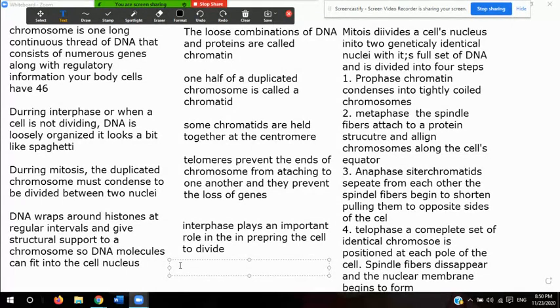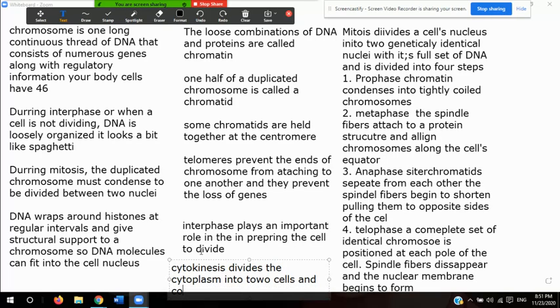So, cytokinesis divides the cytoplasm into two cells and completes a full stage of the cell cycle.